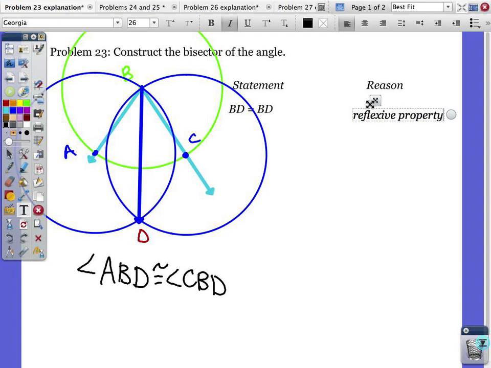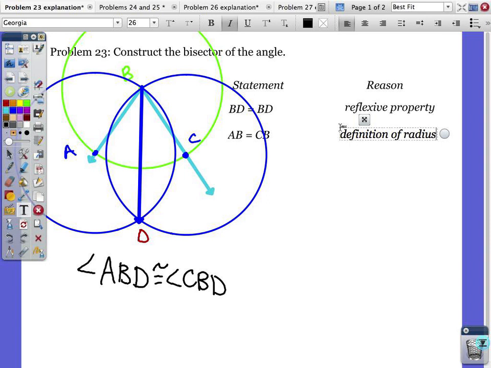So every statement has a reason. The next statement that y'all made was AB is congruent to CB, or BC, same difference. And that reason is definition of radius. They are both radii of the same circle, so they have to be congruent.